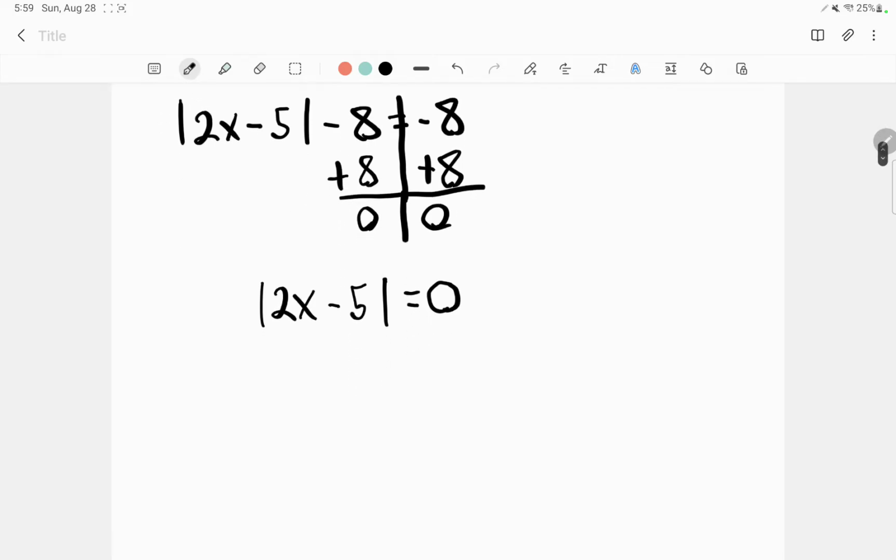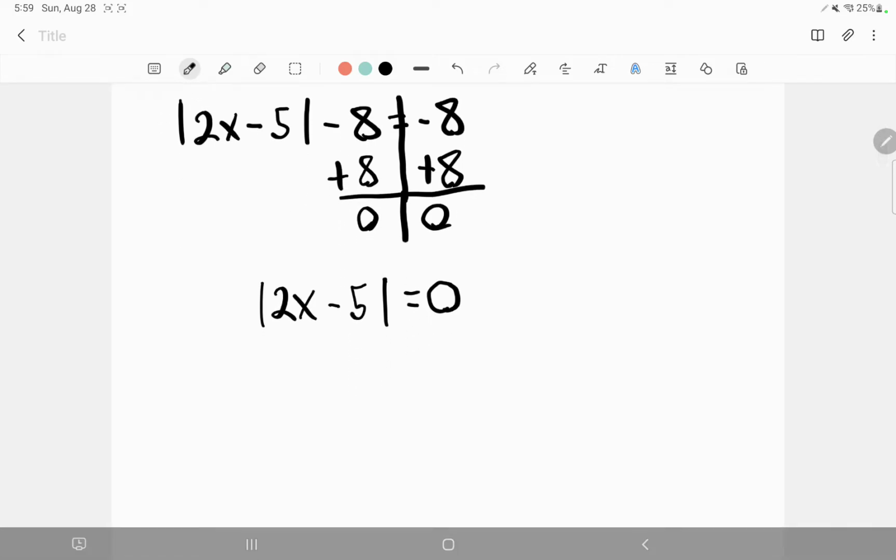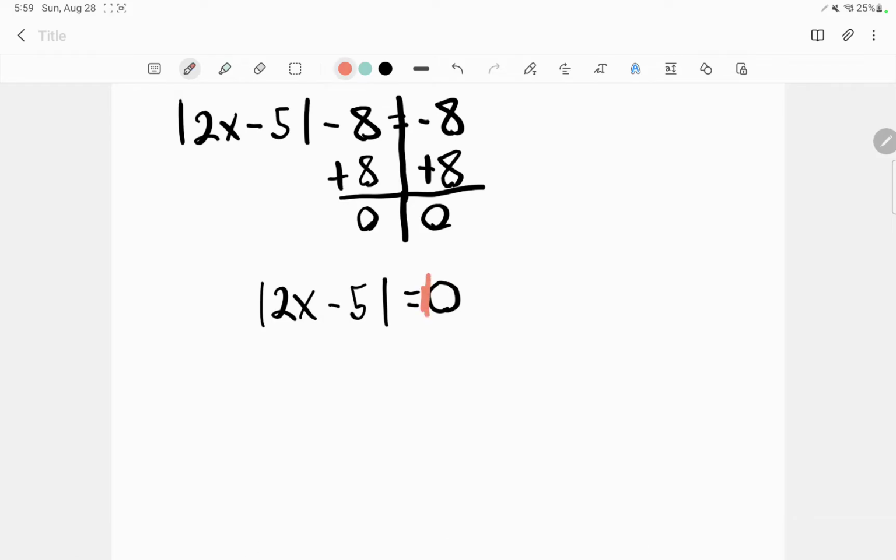Now, I'm not going to solve for it. I'm just going to tell you something very important. Notice this. If you have an absolute value on one side and across the equal sign you have a 0, then your absolute value only has one solution.